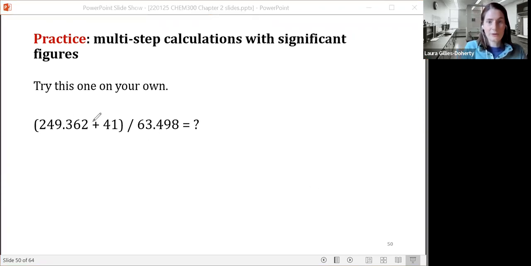Okay, so to start this one out, we want to do the operation in parentheses first. So when I add those two up, let me grab my calculator. 249.362 plus 41.